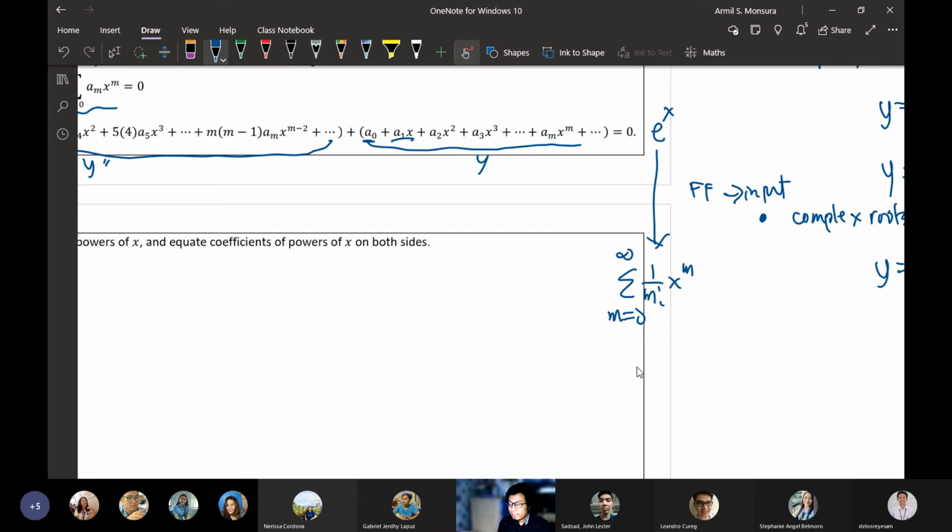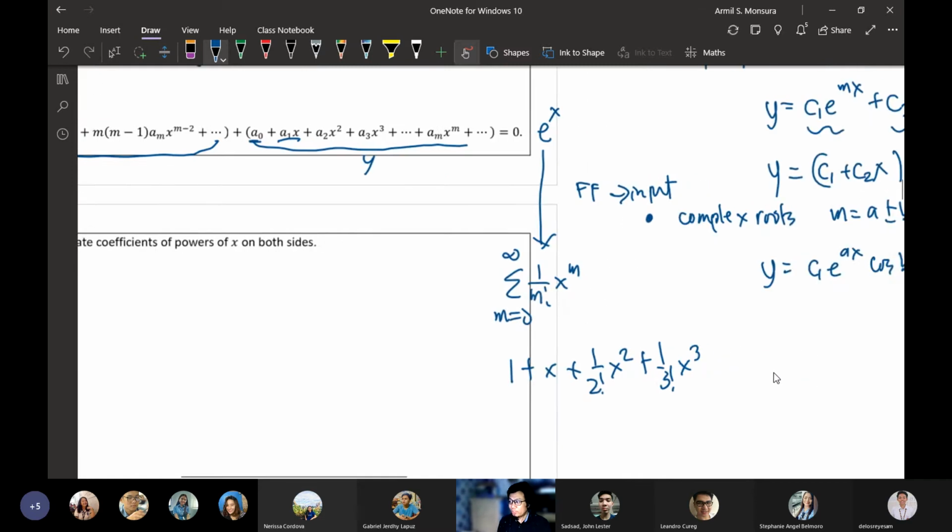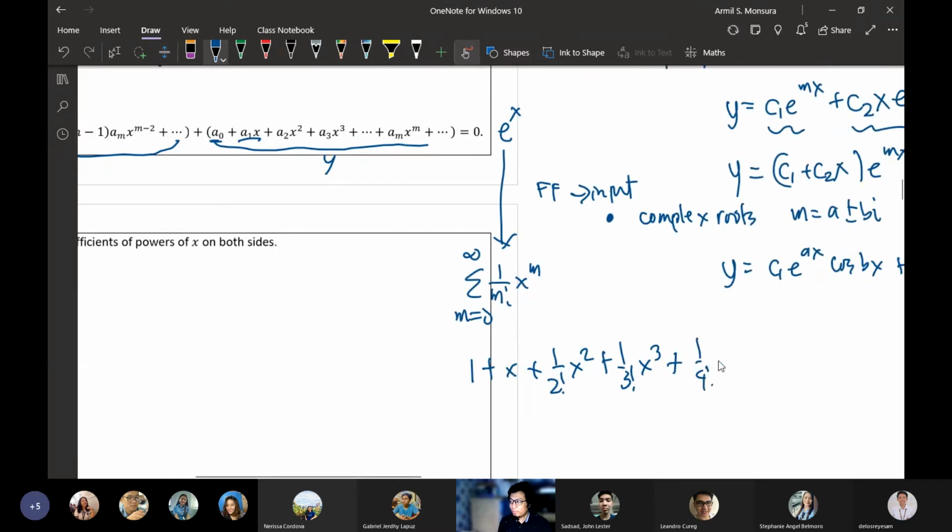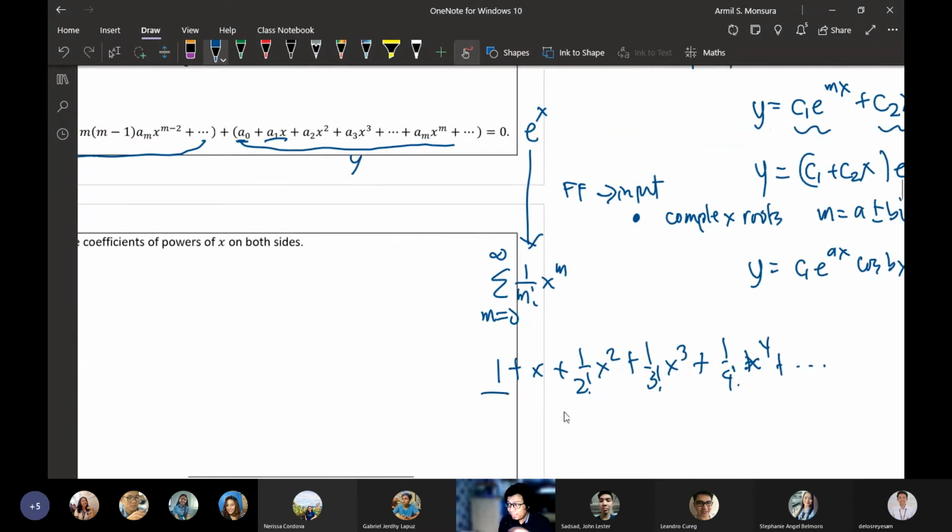Which pag in-expand natin becomes 1 plus x plus 1 over 2 factorial x square plus 1 over 3 factorial times x cube plus 1 over 4 factorial x raised to 4 and so on. So ito ngayon yung i-equate nyo dun sa kabilang side.